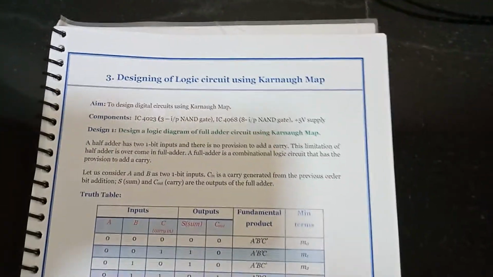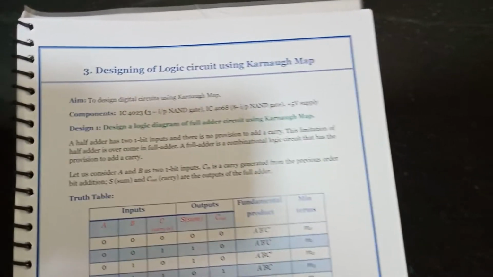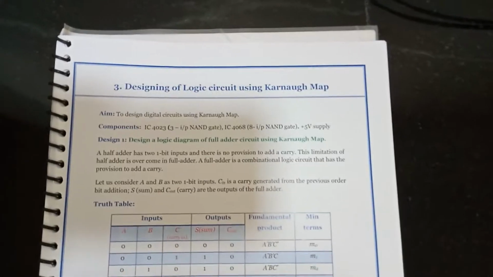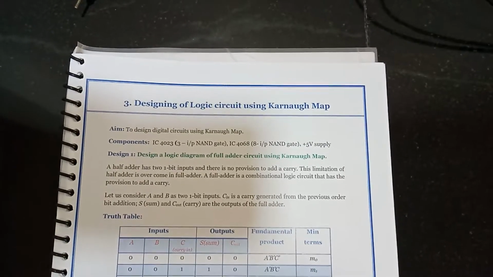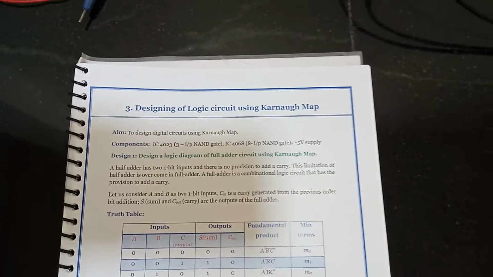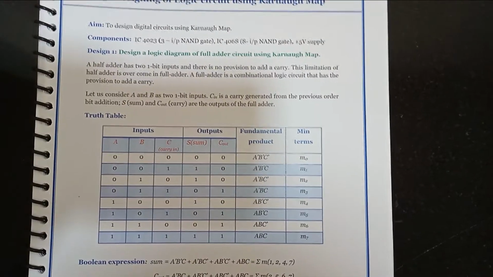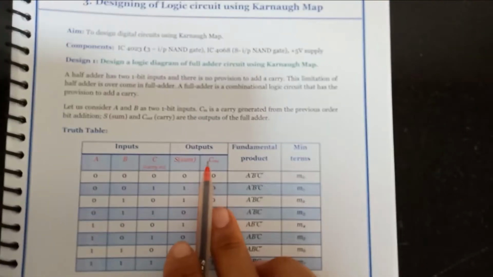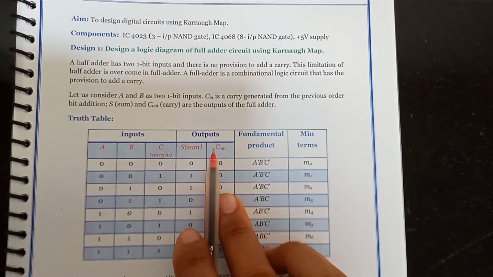Now, to understand the use of Karnaugh map, let us take an example of adder circuit. So we will start our example taking a full adder circuit.